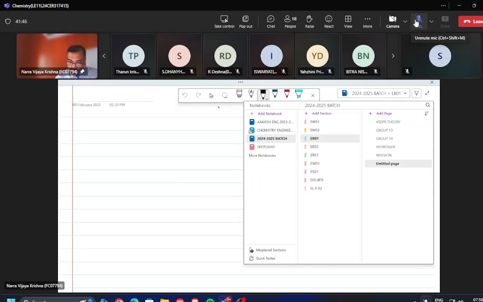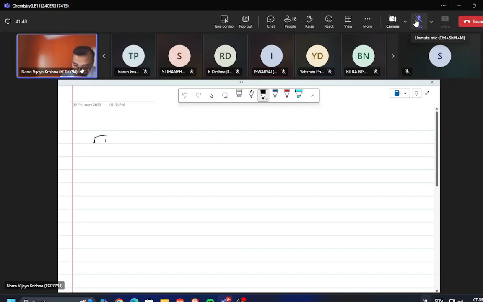See this. I am taking aniline, NH2, where nitrogen has a lone pair of electrons. This is aniline. What type of group is nitrogen now? Plus M group, correct or not? It can donate a lone pair of electrons, so it is a plus M group.